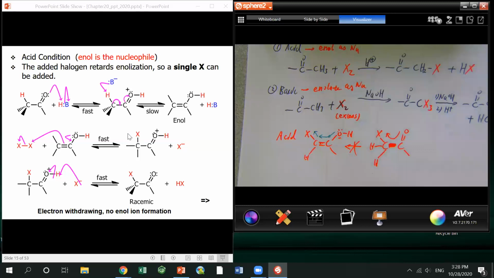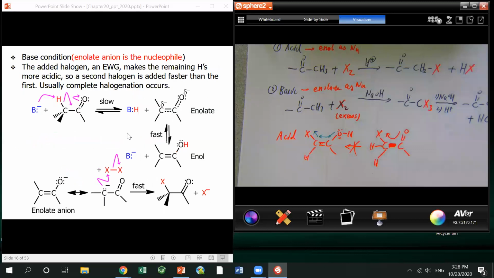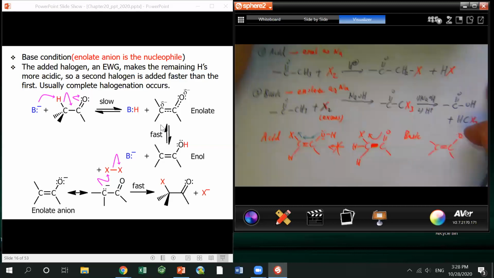All right, so that's about the acid condition. Now we move to basic conditions. For the basic condition, we'll first go through it quickly. A strong base directly picks up the alpha hydrogen, and then you generate the enolate.